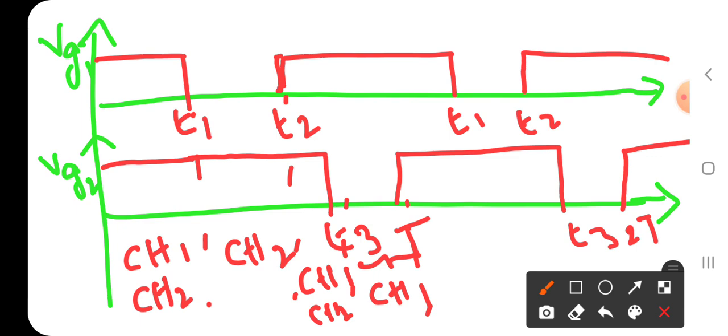Just leave some space below VG2 to draw I0 and V0.